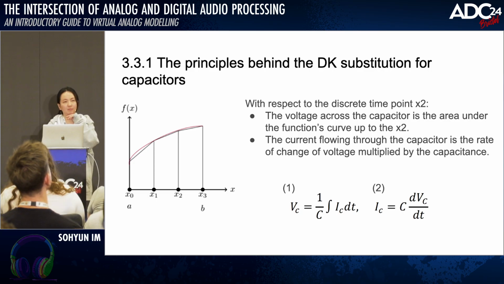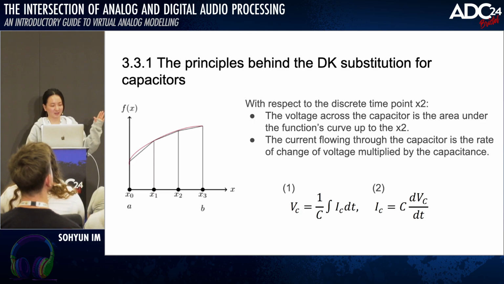These are our discrete points in time. If we think with respect to the discrete time point x2, the voltage across the capacitor is the area under the function's curve up to x2.